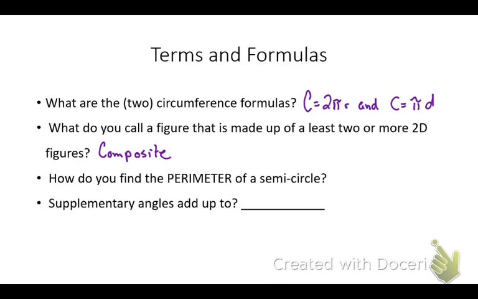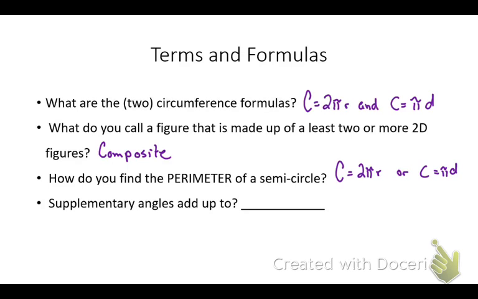How do you find the perimeter of a semicircle? So you could do your formula, right? C equals 2 pi r, or C equals pi d, but what must I do after that?